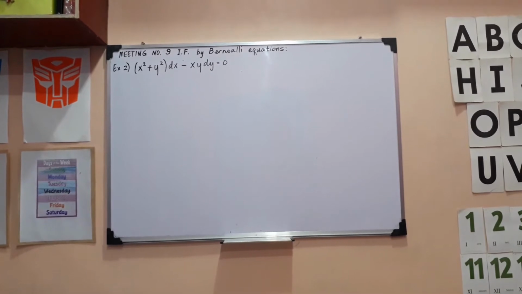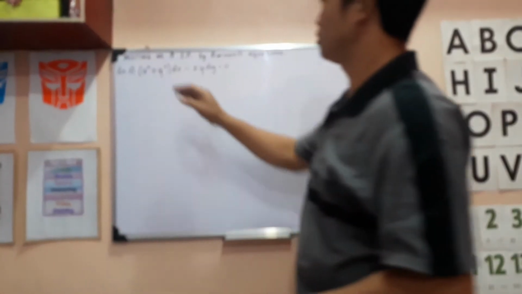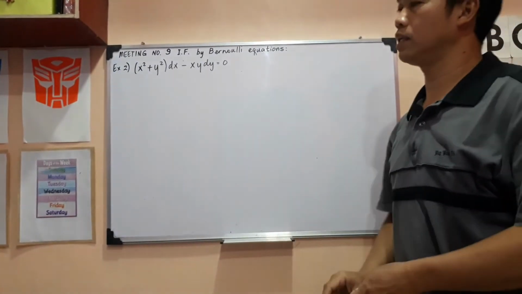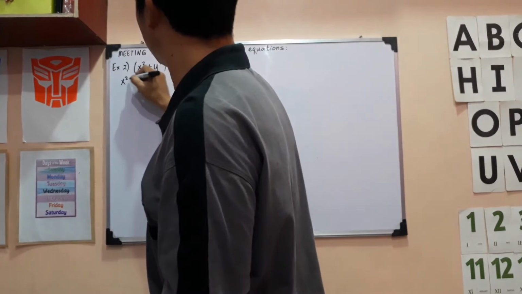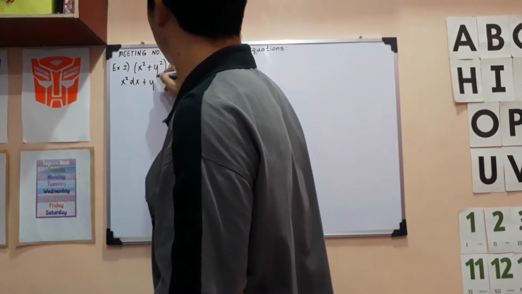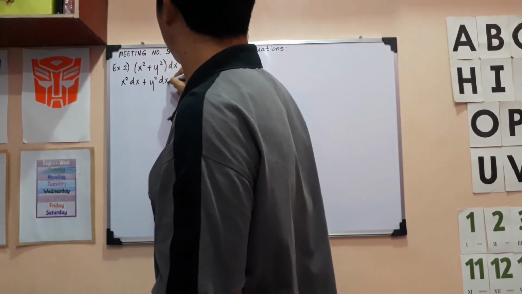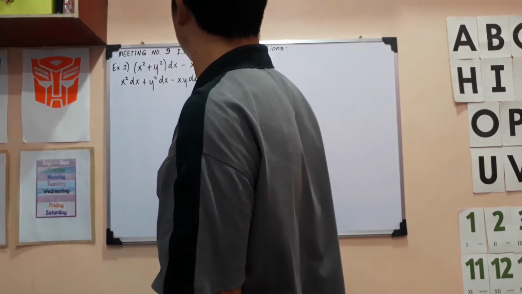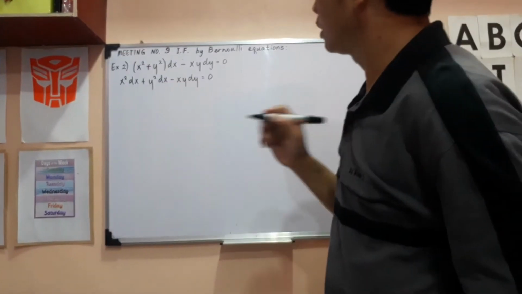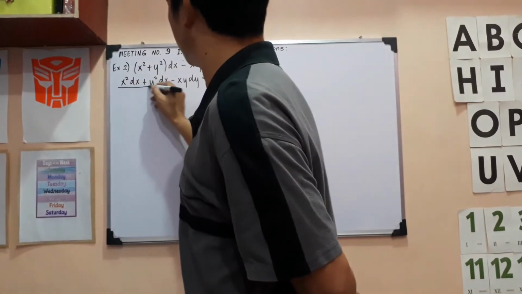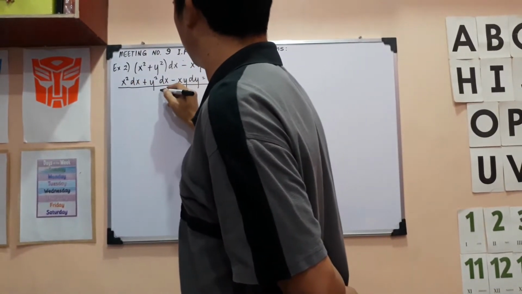For our example number 2. So, quantity x squared plus y squared dx minus xy dy is equal to 0. So, perform muna natin x squared dx plus y squared dx minus xy dy is equal to 0. So, ito guys, pag divide natin ng x, yung x na yon, yun ang matindi ron.